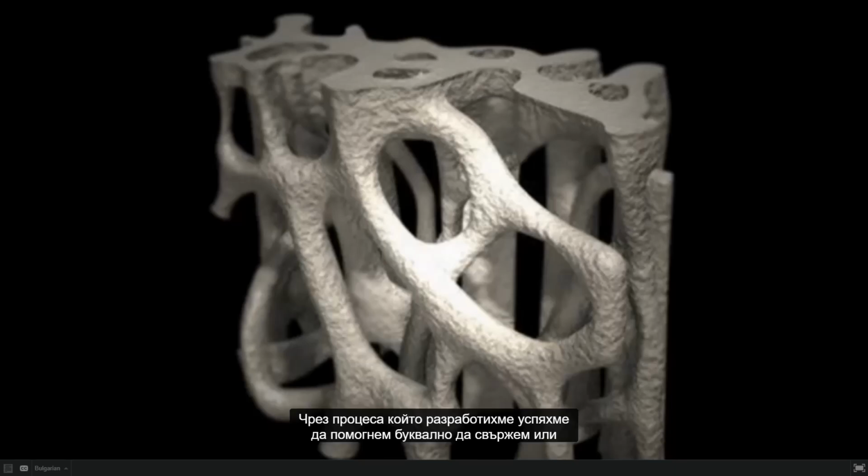And through the process we developed, we have managed to literally link up or seal or allow the body to reproduce calcium in the area of the hip to strengthen up the head. So in cases with a new understanding, we've done this on 2 occasions as a trial.